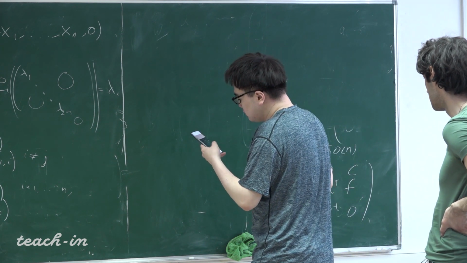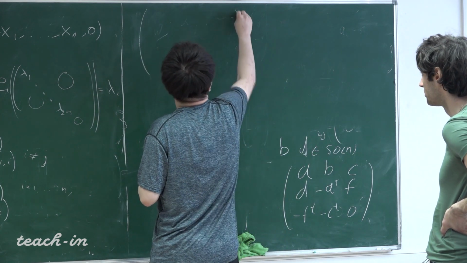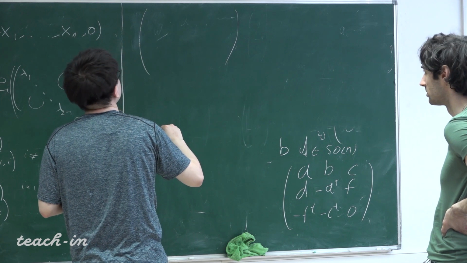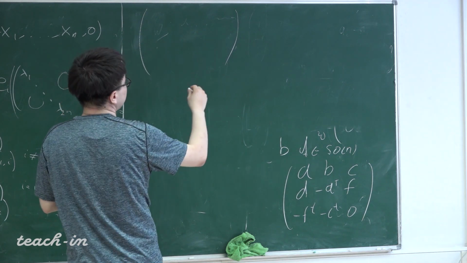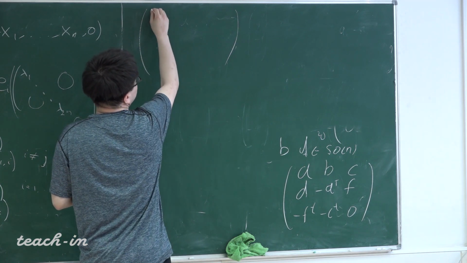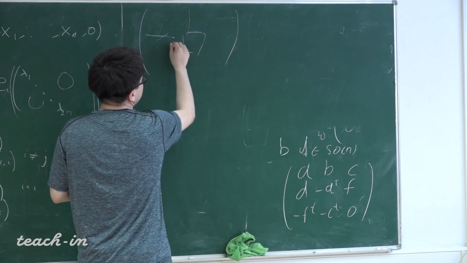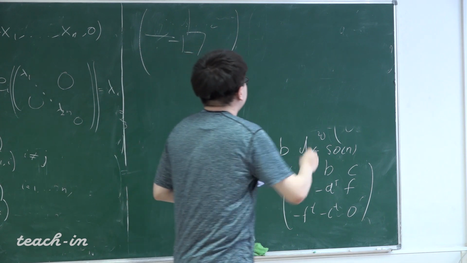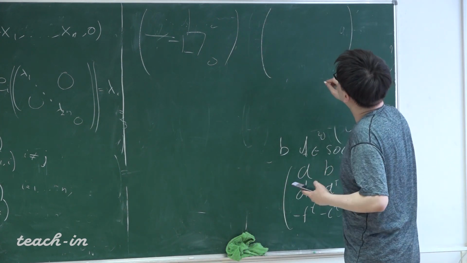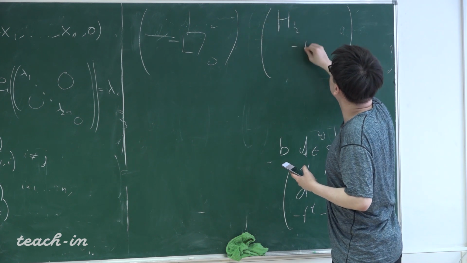Our root system, the Cartan subalgebra looks always like these matrices here, minus the same thing here, and 0. So we can always take a set of basis like Hi minus Hi.